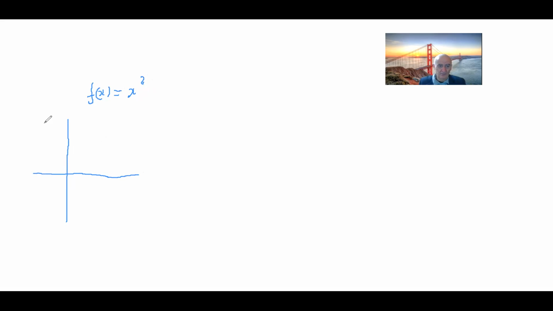It opens upward. And this is our graph of this function. Okay, now my question is: what is the slope of this graph at the point x equals 0?